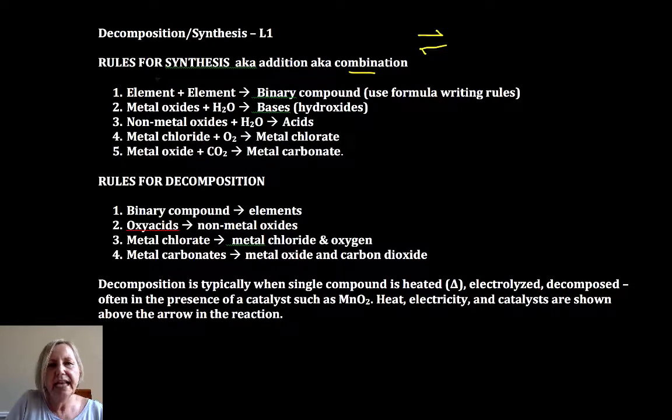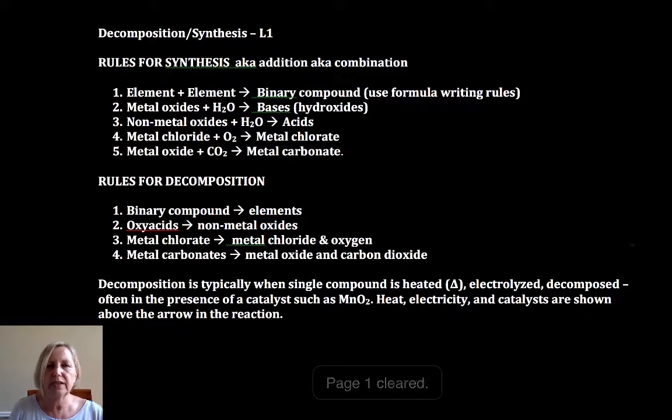So if you have an element plus an element, you're going to make a binary compound and you simply use your formula writing rules. If you have a binary compound, the only thing it can be decomposed to form is its elements. So that's what I mean, they tend to be opposite of one another. Metal oxides plus water form bases or hydroxides.